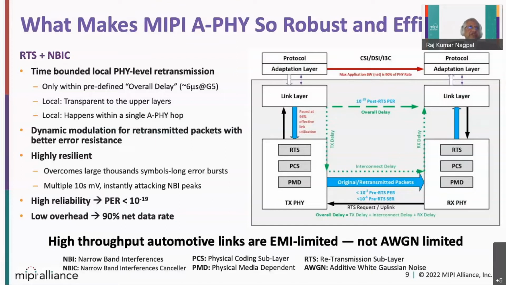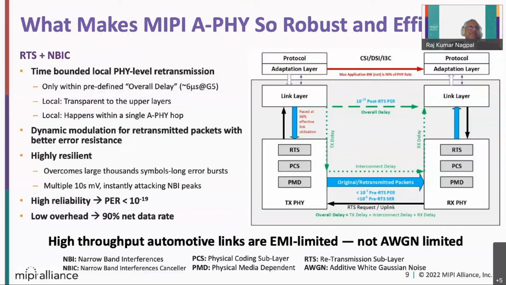Okay, and with these two, you are able to achieve a packet error rate of 10 to the power minus 19. This is only because of these concepts. And these two concepts are very much desirable from an automotive perspective because of the very large noise bursts you get. So you have to have a mechanism to handle the noise cancellation. Okay.